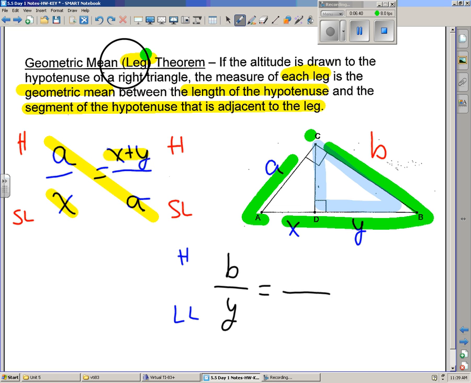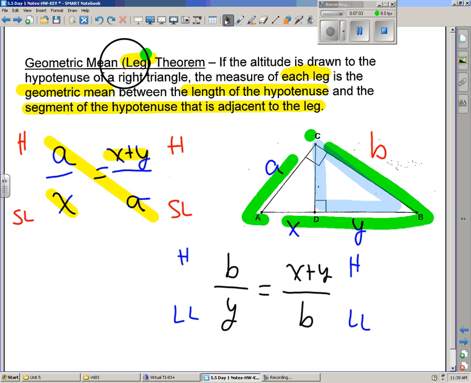So when I go to the green triangle and look for the hypotenuse and long leg, in the green highlighted triangle, the hypotenuse is X plus Y, and the long leg is just B. Something didn't seem right here.